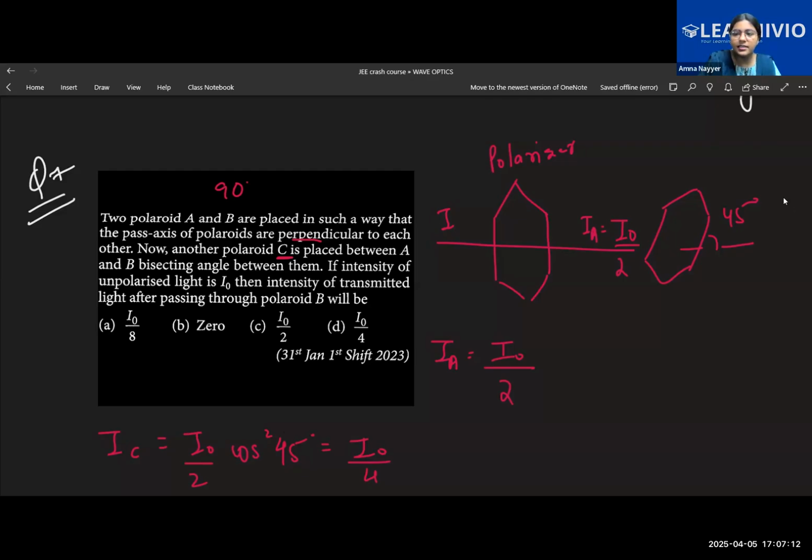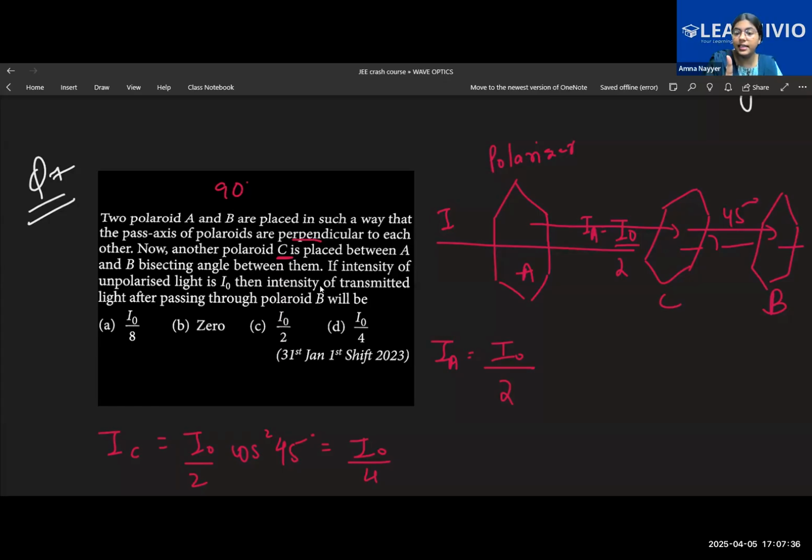First this is A, this is B, this is C. Now the rays have passed, and since C has come, it has reduced the intensity to I naught by 4. Now the ray will again move with an angle of 45 degrees. So it is not asking us for C.